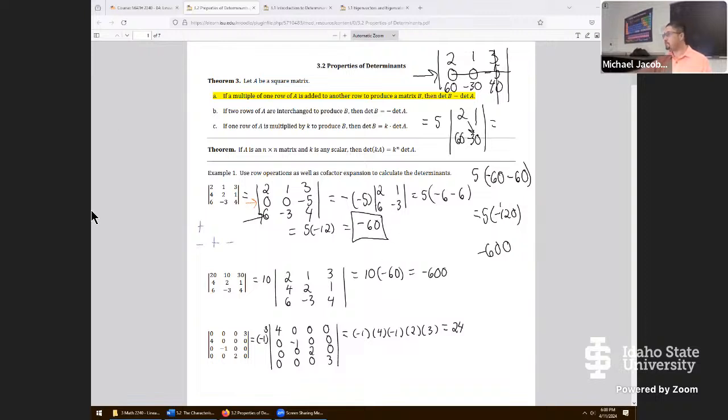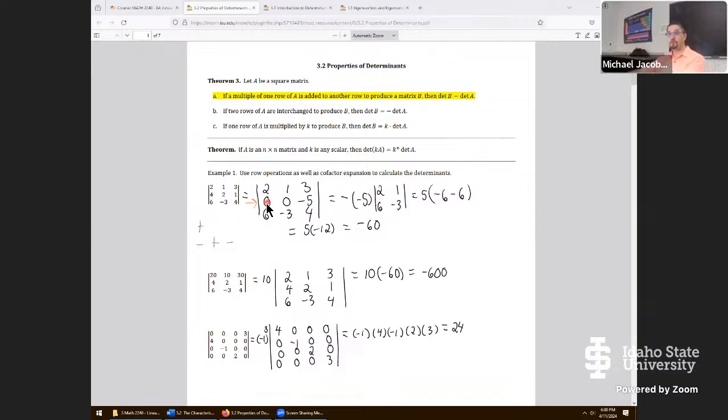So this one row operation right here of just multiplying a row did change the determinant, but that's because we didn't account for it using these properties here. So your question, Rajab, is a really good one because all this is telling us is you can use row reduction, but you need to be careful. And this is the only one that doesn't change the determinant, a row replacement operation.